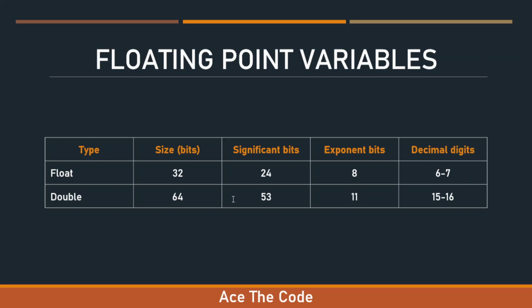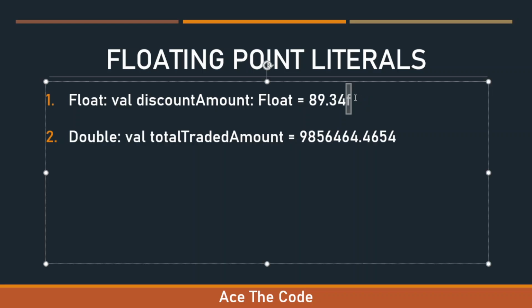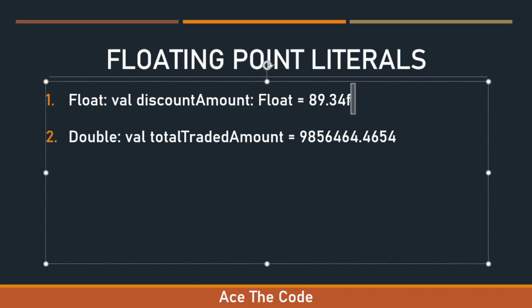There is one small point to understand about floating point numbers. To store a number of floating type, if it is a float type of variable, the float literal has to be appended with the character f. Character f is to be appended to indicate it is a float type of value.